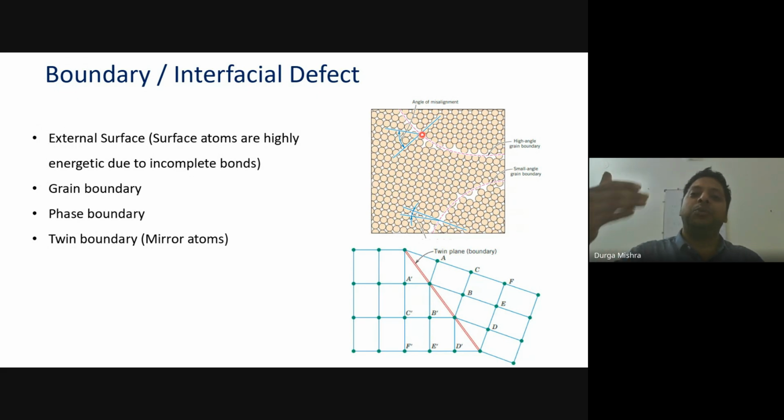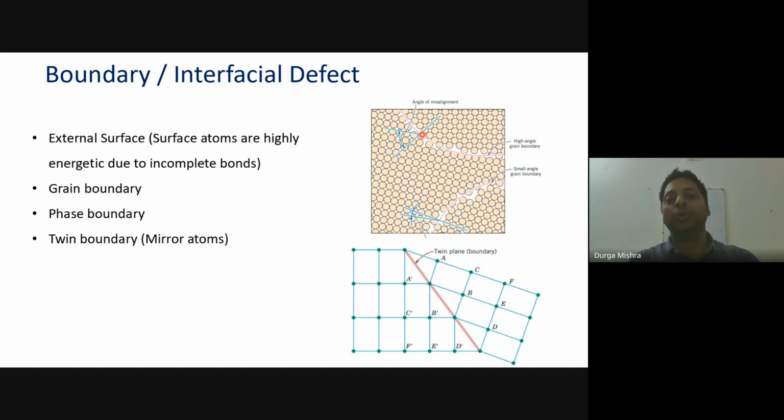The light will diffuse in all directions, so you will not get a perfect reflection from there. That part will appear very dark in your microscope, and that is how you can easily identify a grain boundary. That is how people count how many grains and grain boundaries there are. You can even do a quantitative analysis just by taking an image with an optical microscope.